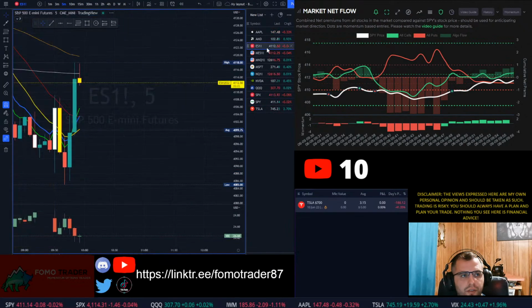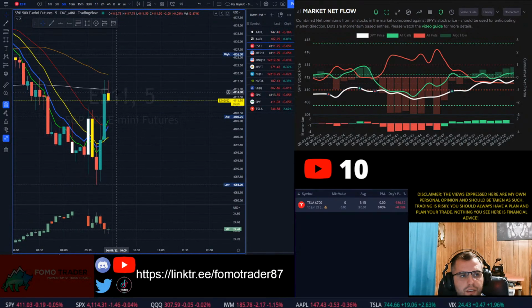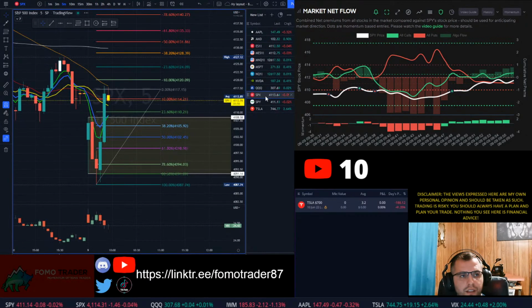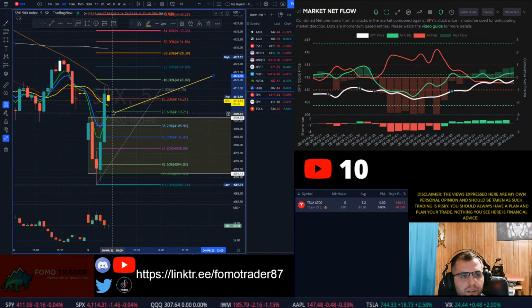What are futures doing? Futures are kind of doing the same thing, trying to break over this 200 MA. Looking for a pullback on SPX to right in this level.